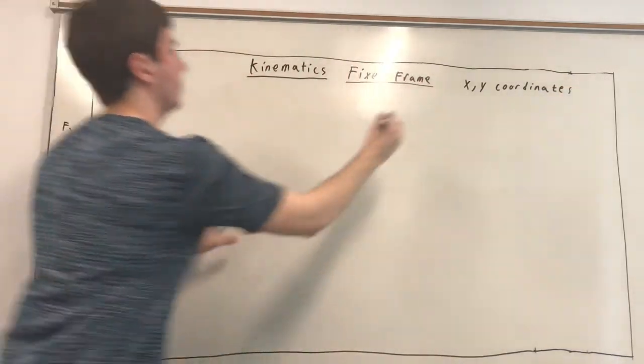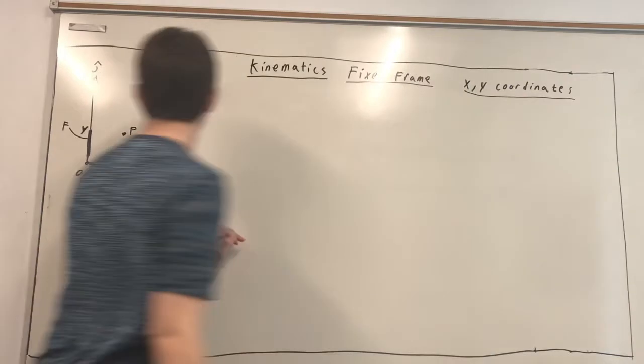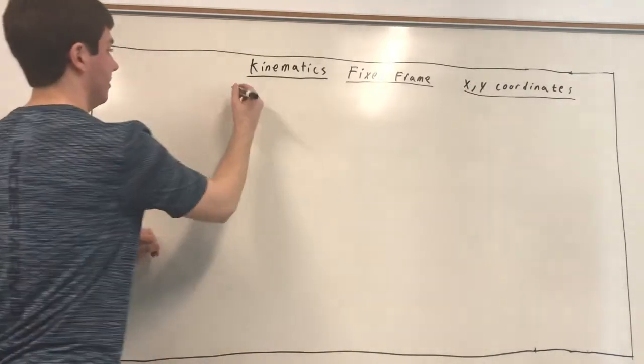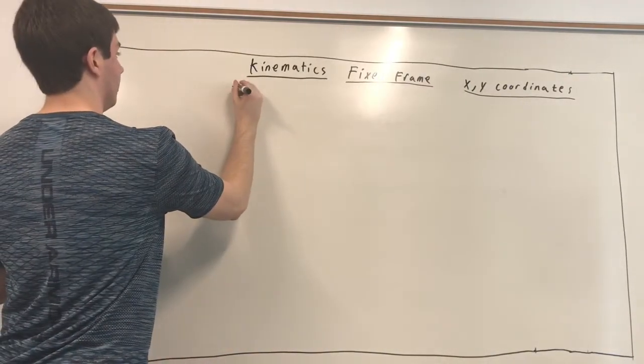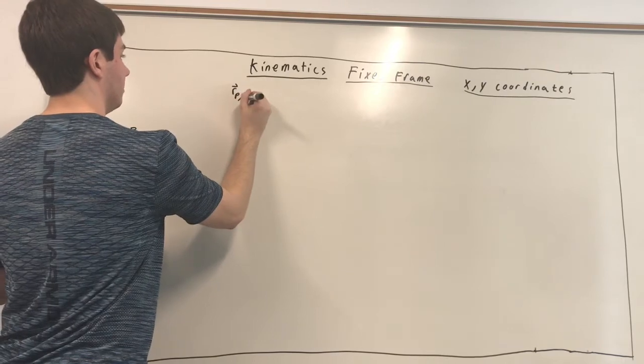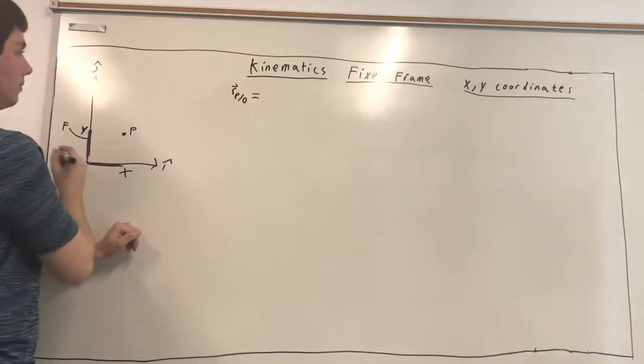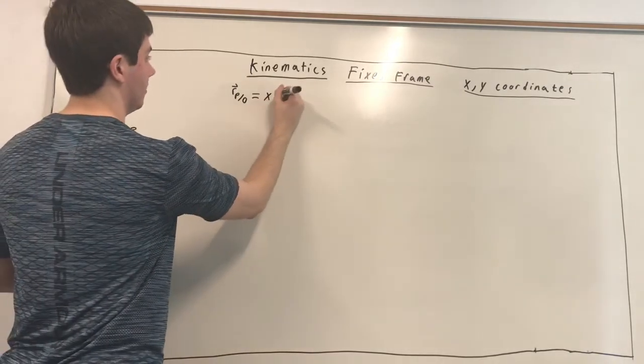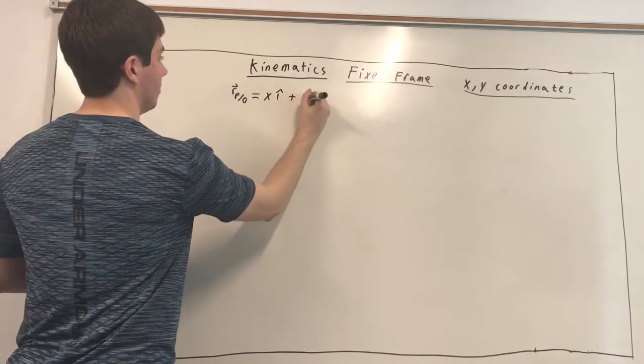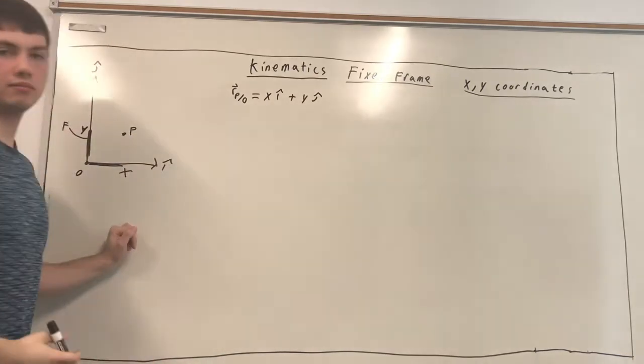All right. So to start off with, you have r of P with respect to O equals, using the x and y coordinates, x i hat plus y j hat.